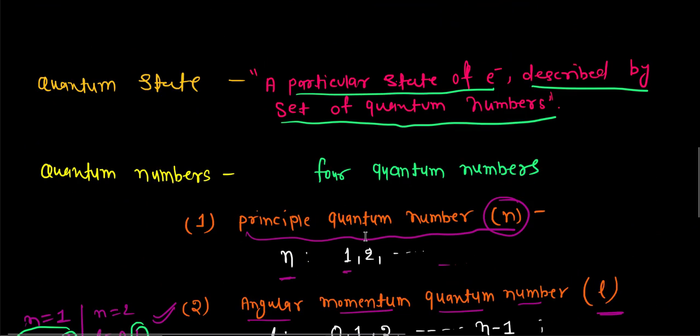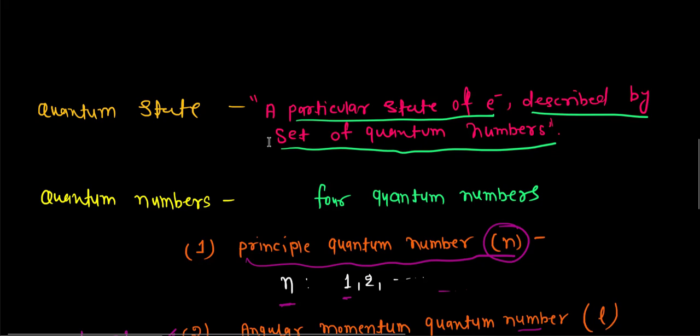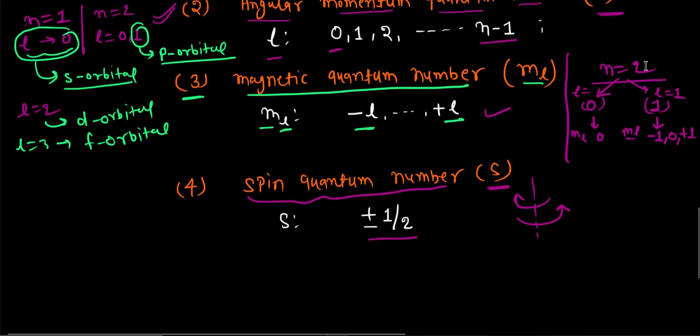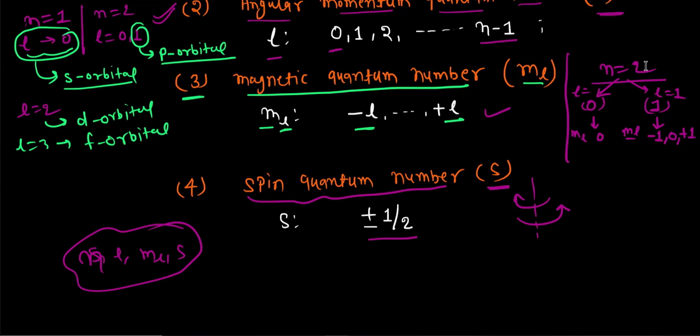Now let's go back to the definition of quantum state. Quantum state is described by a set of quantum numbers. Okay, so if you take any set of these quantum numbers, n, L, m sub L and S, we call it a quantum state. So now let's take an example.